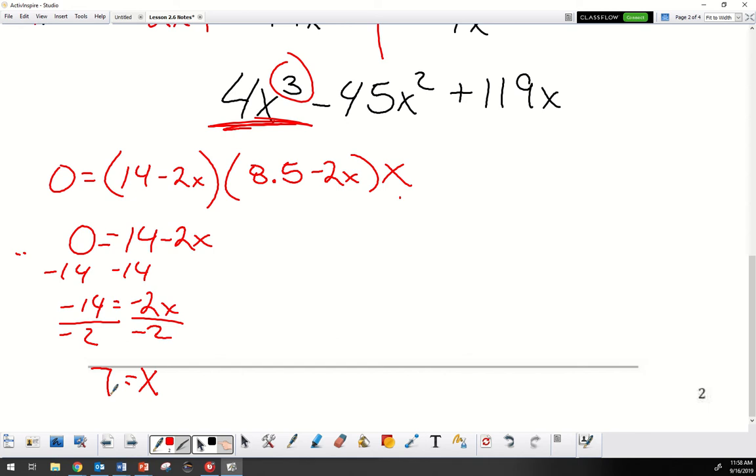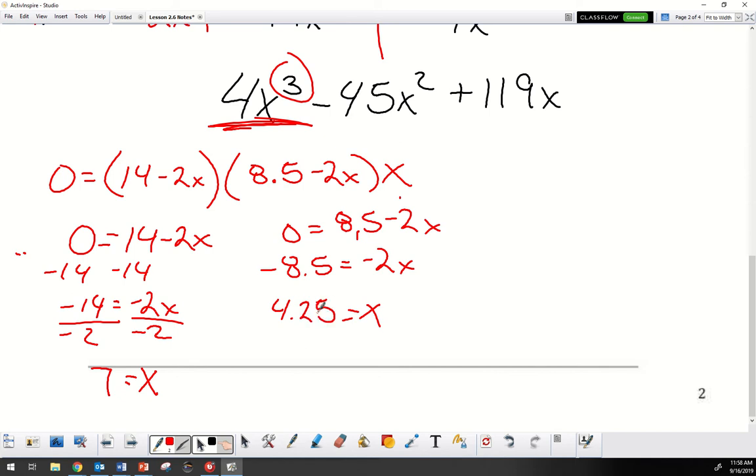All right, let's see. It should look like this. 0 equals 8.5 minus 2x. Negative 8.5 equals negative 2x. And then x is equal to positive 4.25. Did everyone get that?